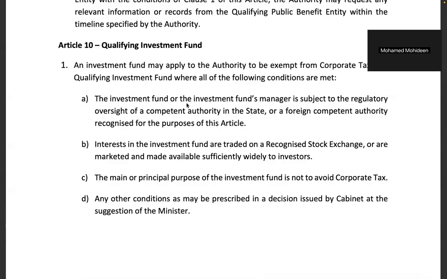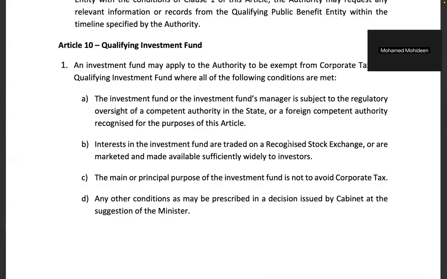The investment fund or the investment fund's manager is subject to regulatory oversight of the competent authority. It is a regulated fund, right? And then the second condition, publicly available or traded on a recognized stock exchange. You call it publicly available, but that's not the nomenclature used by the law. It says interests in the investment fund are traded on a recognized stock exchange.